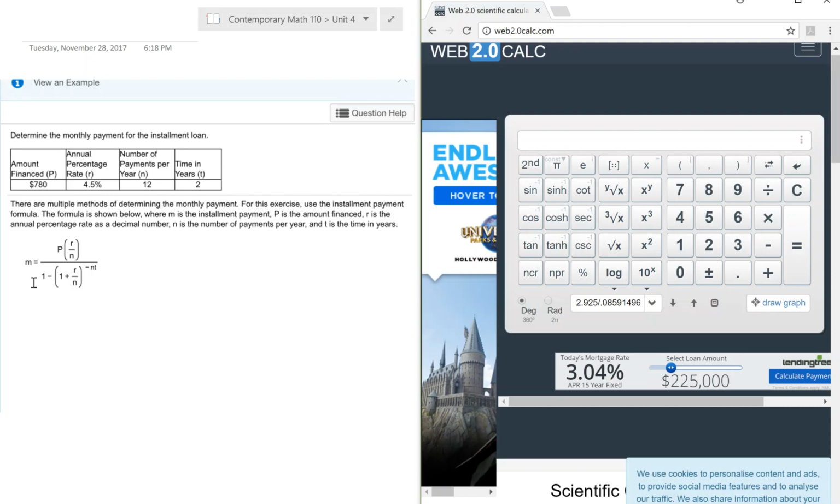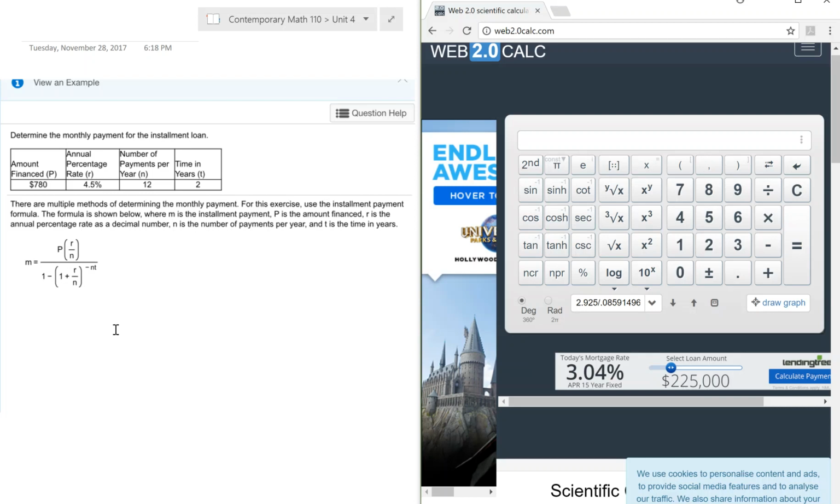So we have the formula. M is determining our monthly payment, and it's amount financed, P, times R divided by N, and then that's divided by 1 minus the quantity 1 plus R divided by N raised to the negative N times T power.